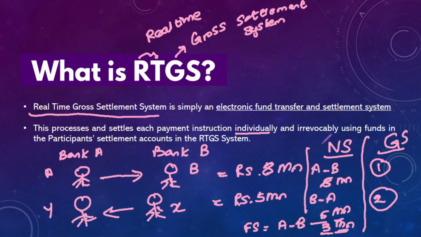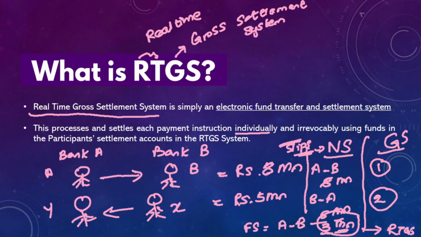Let's say all these net settlements were slips. So when you net off all the slip requests at the end, finally you only have to pay 3 million to Bank B. So how do you pay this 3 million? This 3 million to Bank B can be done through RTGS transfers.